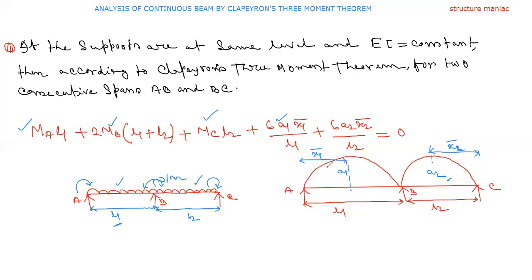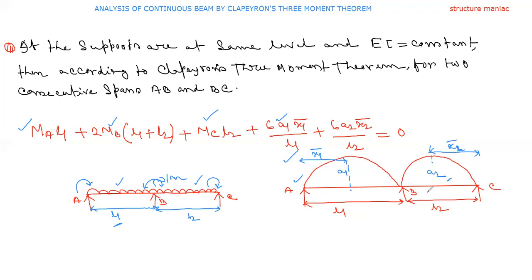X1 bar is the CG distance of A1, taken from A, that means from the left side, and X2 bar is the CG distance of A2, the area of the bending moment diagram on span BC, taken from C, that means from the right side.